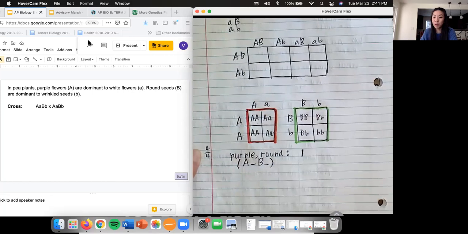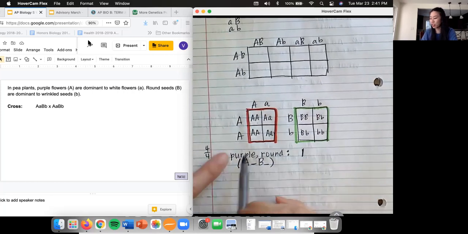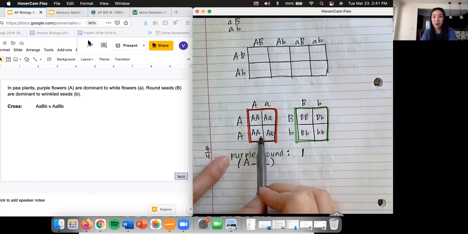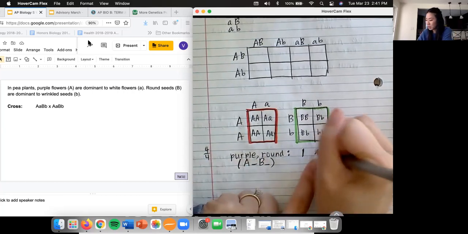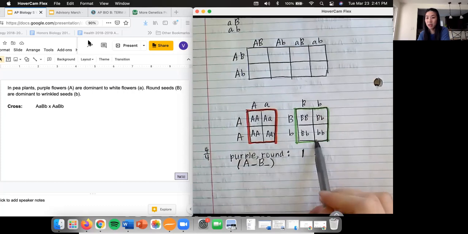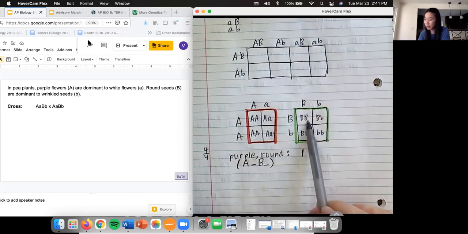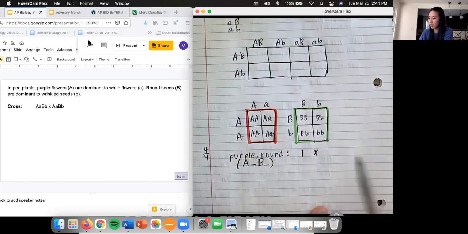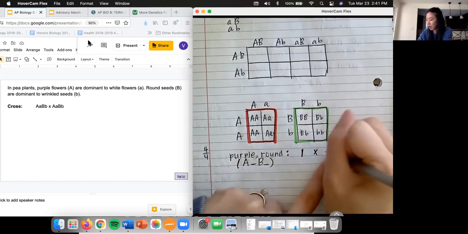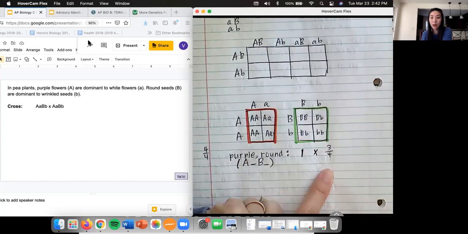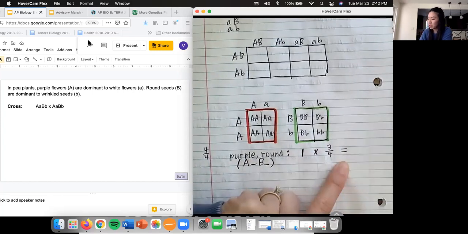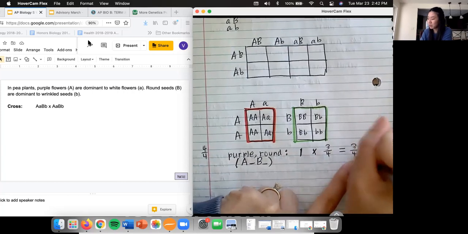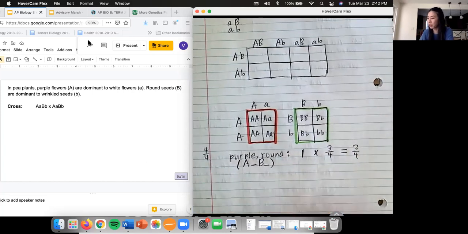So the multiplication rule says you multiply the chance of a purple by the chance of a round. So 1 times, if I look at this second one, how many of them are round? This is round, round, round, wrinkled. So 3 out of 4 are going to be round, times 1. So do the math, 3/4 will be purple and round.